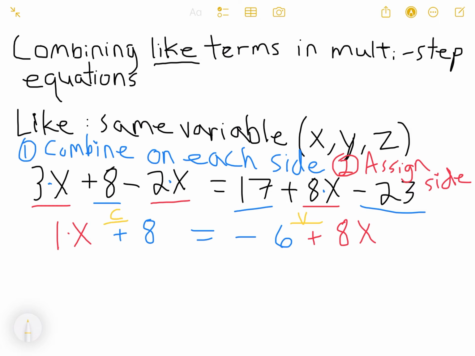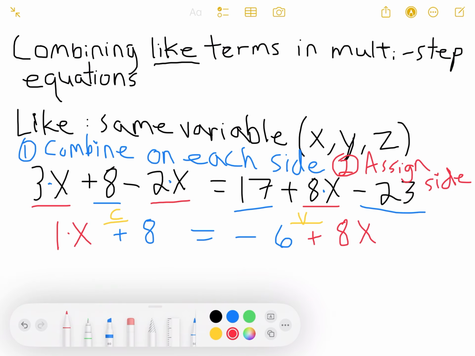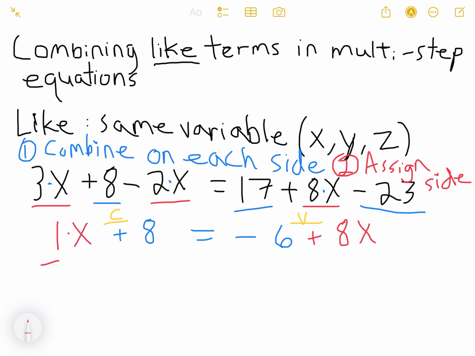So if my variables have to go on the right side, that means they have to come off of the left side. So let's use my red again. In order to get rid of them, again, algebra is a lot about opposite operations. So how do I get rid of something that I don't want? I have to do the opposite. I have to take it away. So I'm going to take away 1x, and I have to take away 1x on this side.